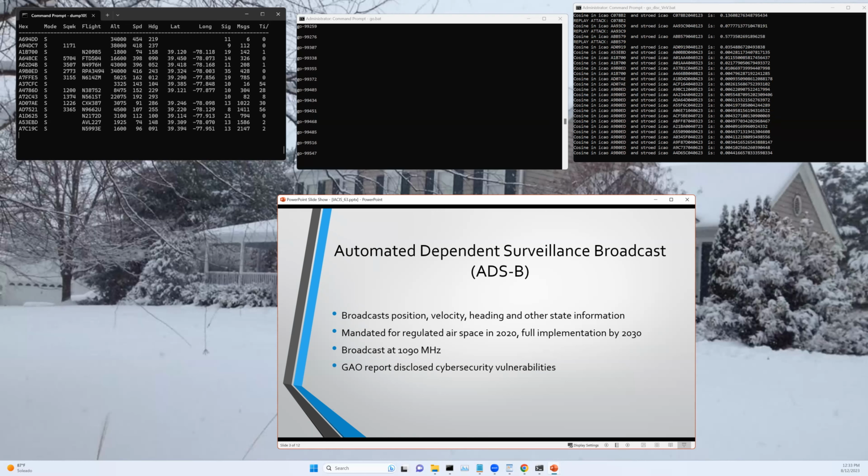That's where the current system has problems: those locations where ground radar cannot be installed. Even more, there's better location accuracy of ADS-B, and that permits smaller aircraft separations, and that results in higher capacity.